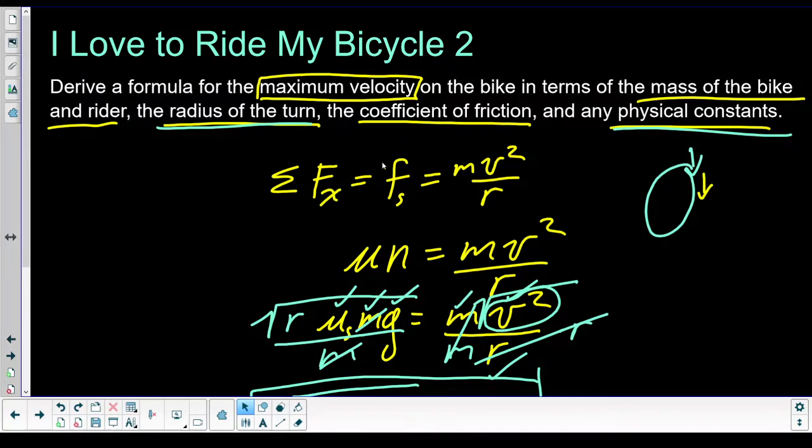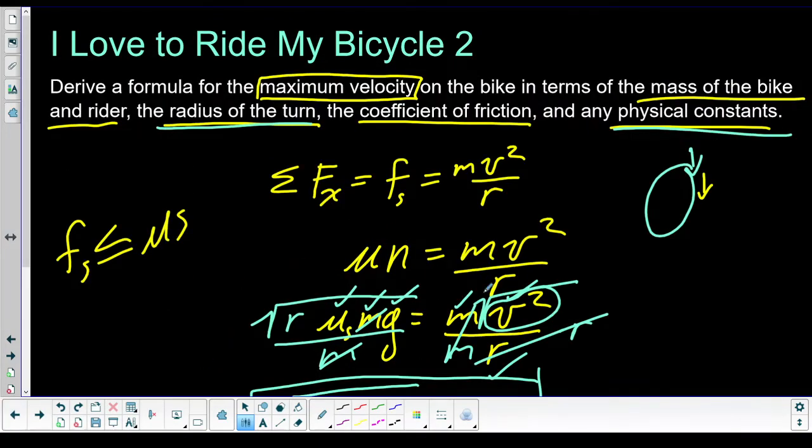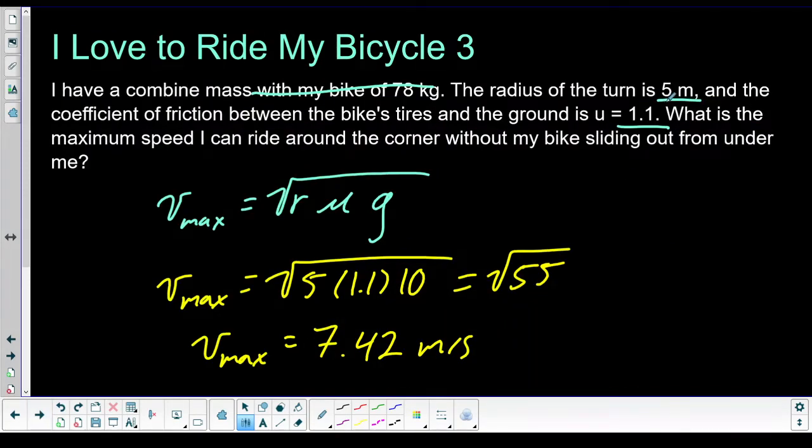Our force of static friction, remember, the force of static friction is less than or equal to mu s. So what would happen if I wanted to go in the same circle but slower? I'm too chicken to go the full 7.42 meters per second in such a tight circle of 5 meters. This is about 15 feet.